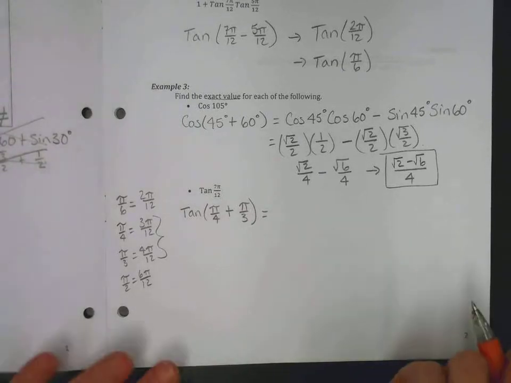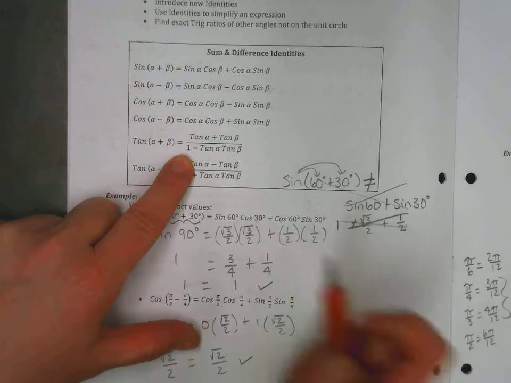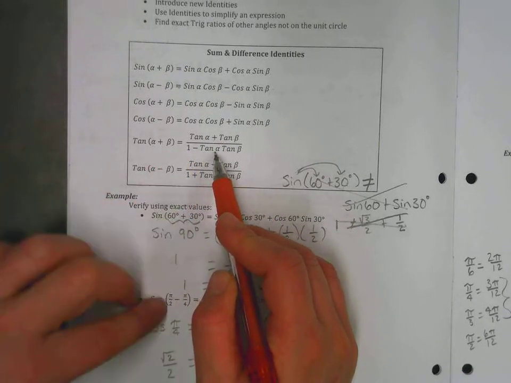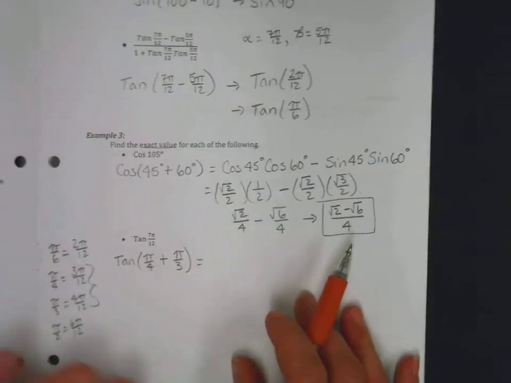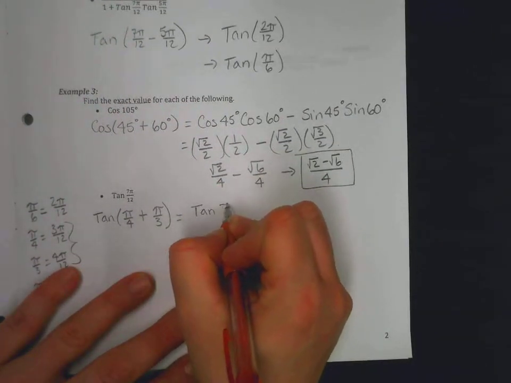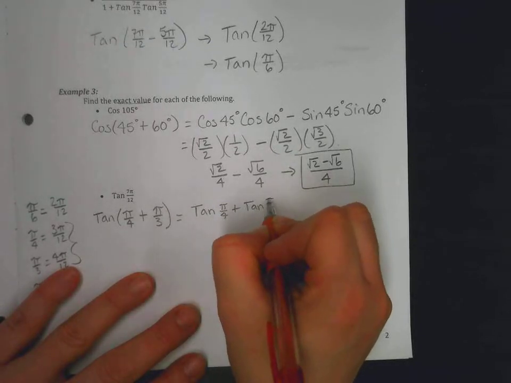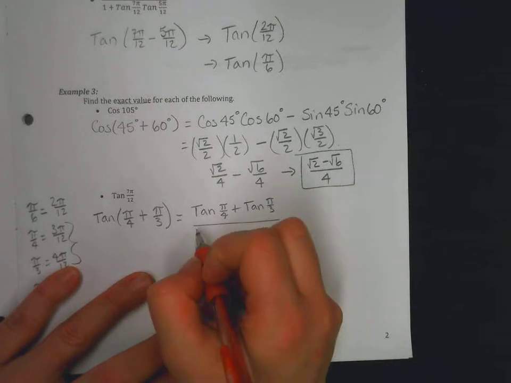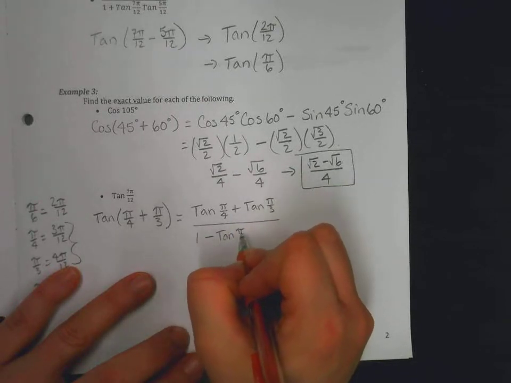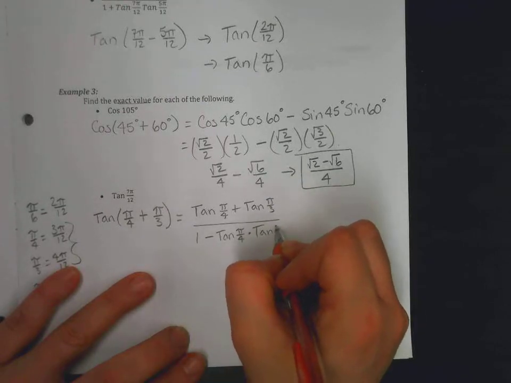Using my sum, it is tan of alpha plus tan of beta divided by 1 minus tan of alpha times tan of beta. So I'm going to write this out using my angles. This would be tan of pi over 4 plus tan of pi over 3, divided by 1 minus tan of pi over 4 times tan of pi over 3.